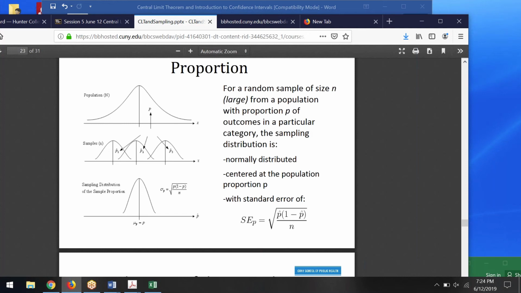Over the sample size, which for our purposes we said was 100. Take the square root of the whole thing, that gives you a standard error. And you can predict that if you took repeated samples from this population of size 100, you could use this standard error to tell you that 95% of the time, if I took another sample of 100, it would be between 2 standard errors below my P, my proportion, and 2 standard errors above.